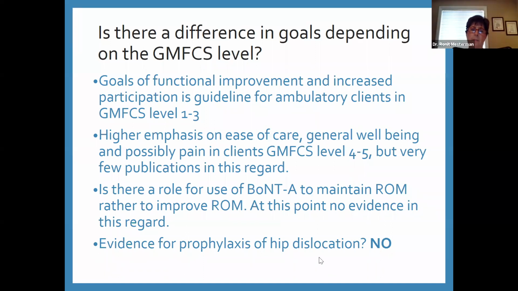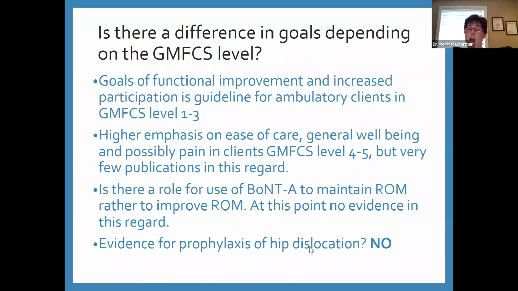Another discussion in the forum of specialists is whether reducing tone with botulinum toxin would help reduce the risk of progressive hip dislocation. For a while, people strongly believed so, that there was a mechanism where the hypertonia, the scissoring, would contribute to the dislocation that is progressive and very common in our population, especially with GMFCS level 4 and 5.